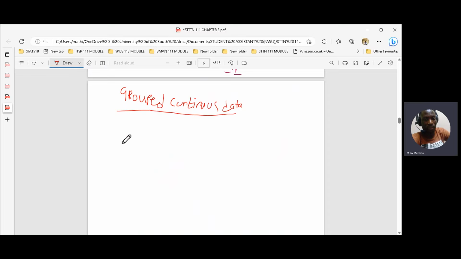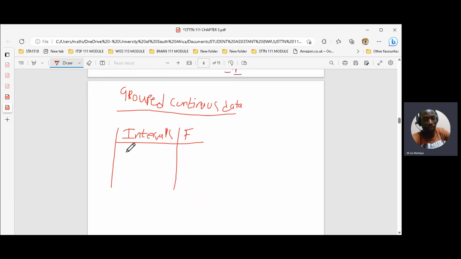For grouped continuous data, you will be given a table like this one, which has the intervals. Those are the intervals. After the intervals, we have the frequency.